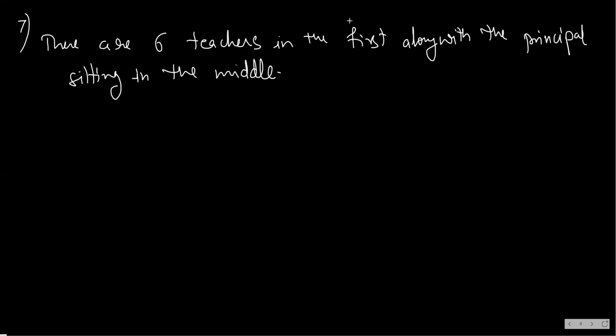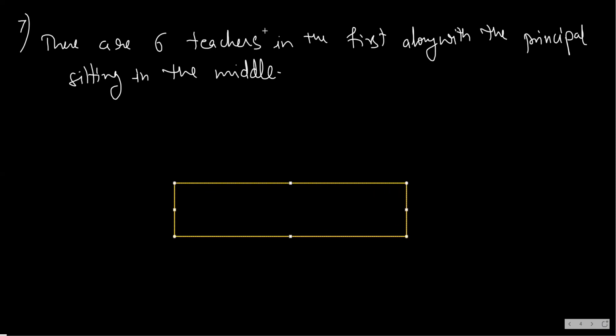Now understand, students, that I have 6 teachers and the principal in the middle. The principal can be arranged in one single way. There is one principal and one position in the middle.